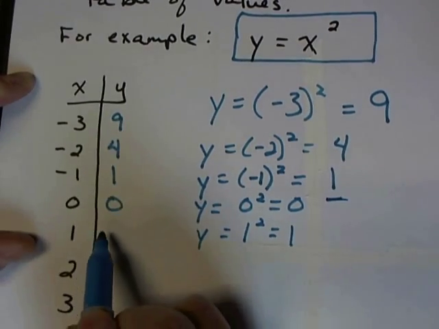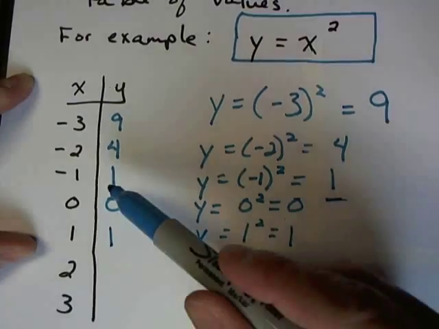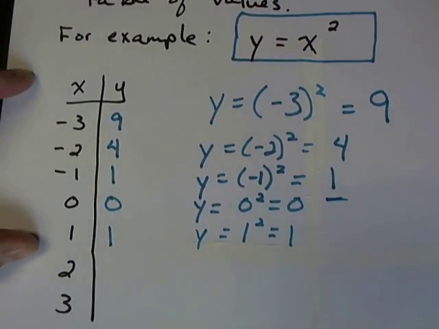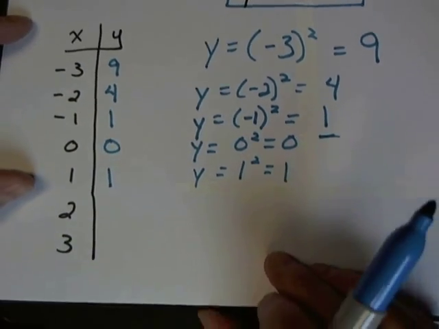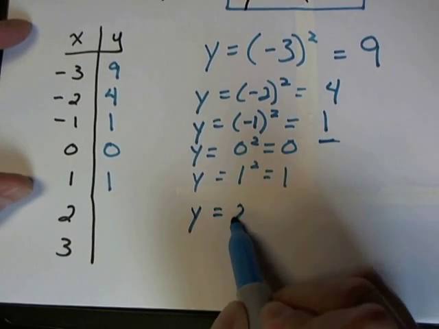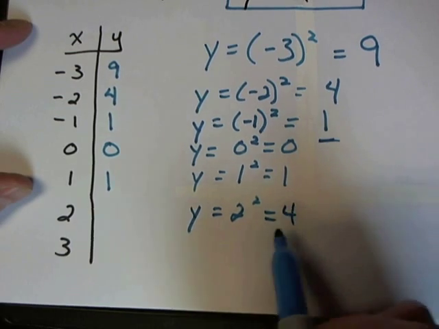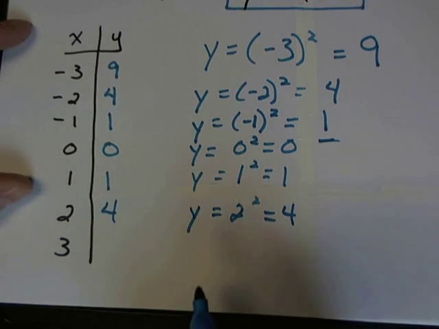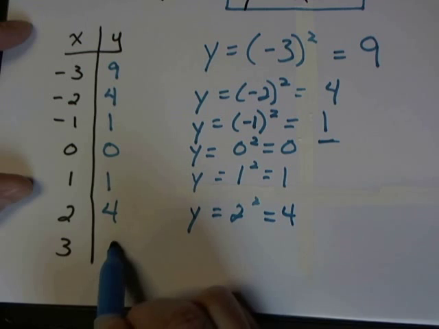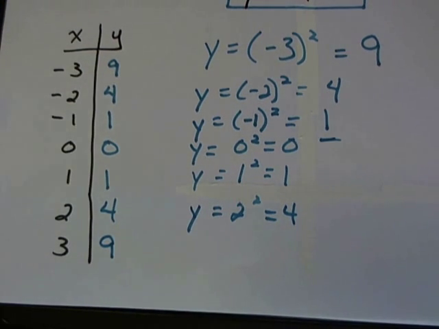We already came up with a 1. That's kind of interesting, to have the same y values and two different x values. Continuing on, 2 squared is the same thing as -2 squared, so we have a repeat there as well. And the same thing for the 3. 3 squared is going to give us 9.